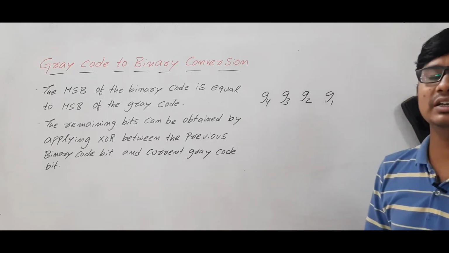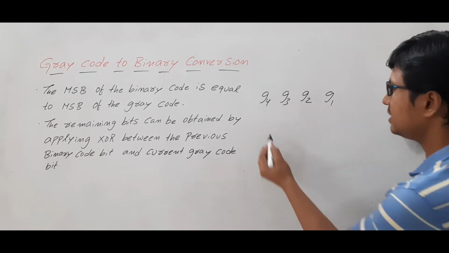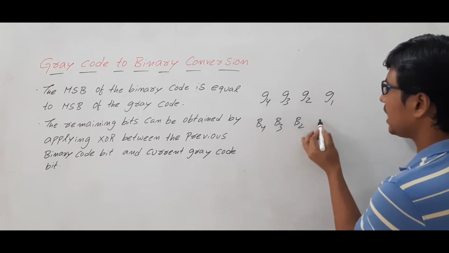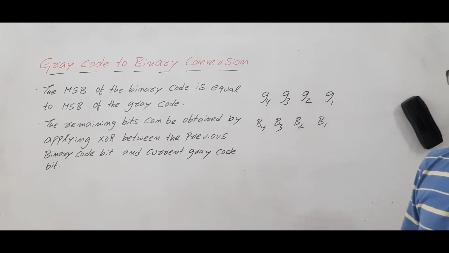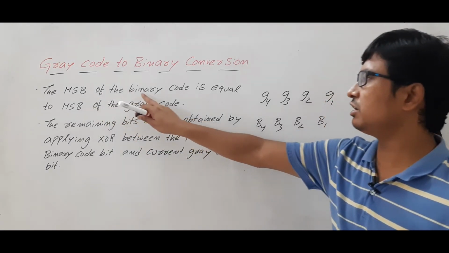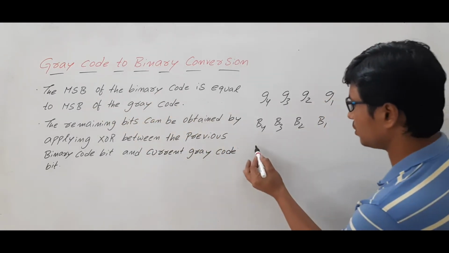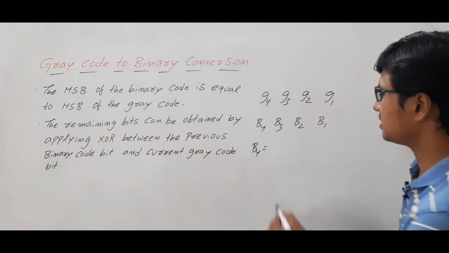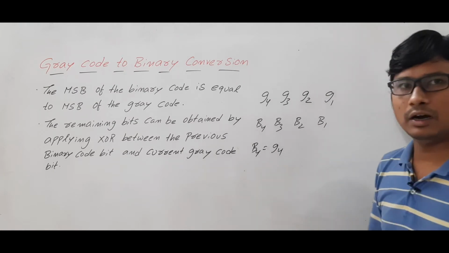I want to find its equivalent binary code such as B4, B3, B2 and B1. Step 1 is saying that the MSB of the binary code, which is B4, is equal to the MSB of the gray code, which is G4. Are you able to understand?